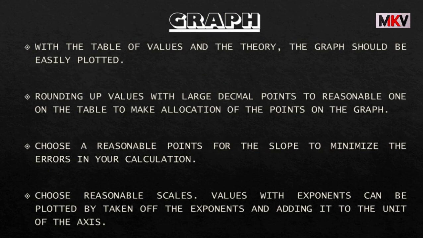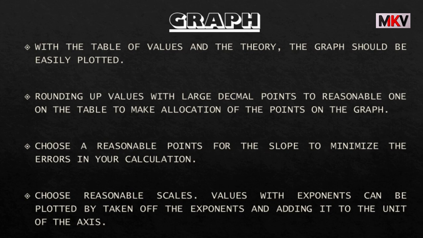Now the next thing we will be talking about, which is very important, is the graph. This is how you present your results, your findings graphically from the experiment you did. With the tables of values and theory, the graph should be easily plotted. You know the values that you are plotting, the ones going on the y-axis, the ones going on the x-axis. They are supposed to be known. Secondly, before you even start your plotting, you check your values on the table.